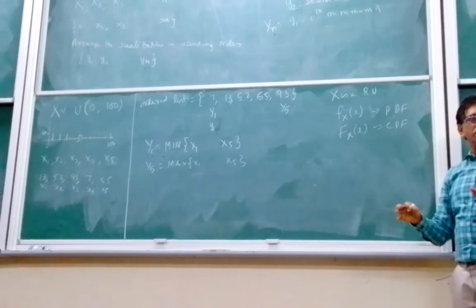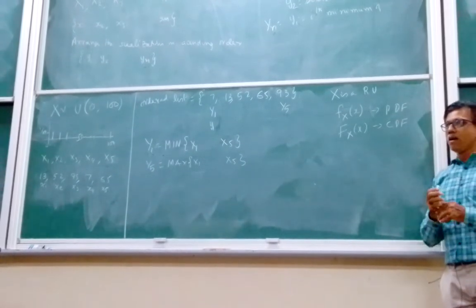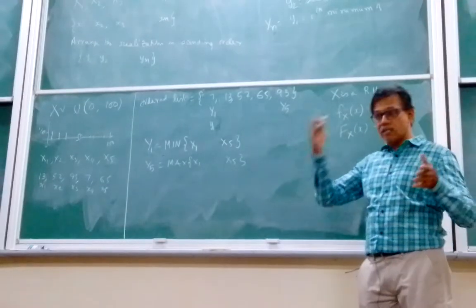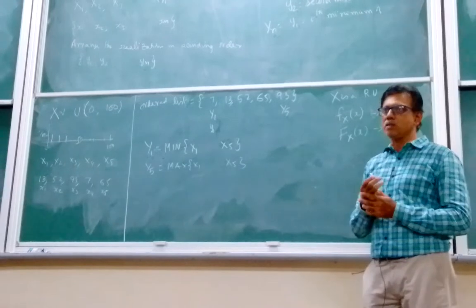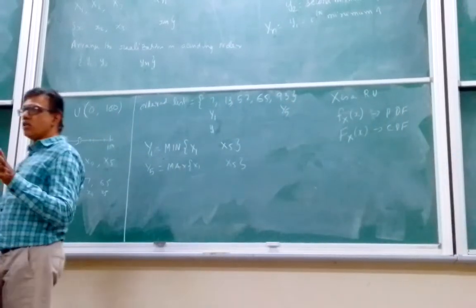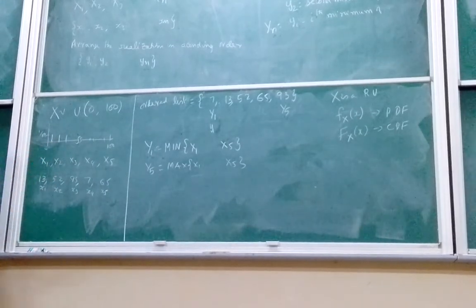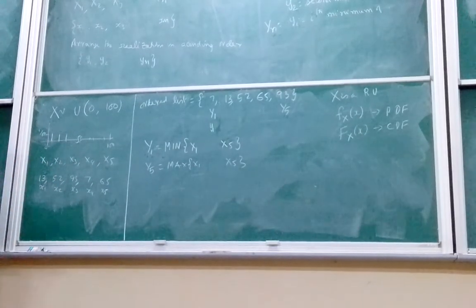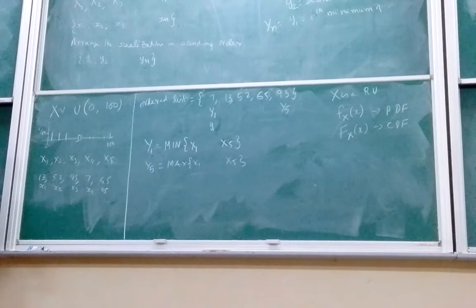I should have introduced this sometime: we can also have mixed random variables, which take values over a continuous range and sometimes specific values. If you have a random variable which takes only discrete values, that can also be treated as a special case of a continuous valued random variable by including Dirac delta functions.